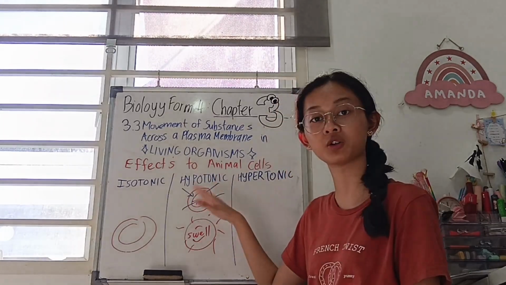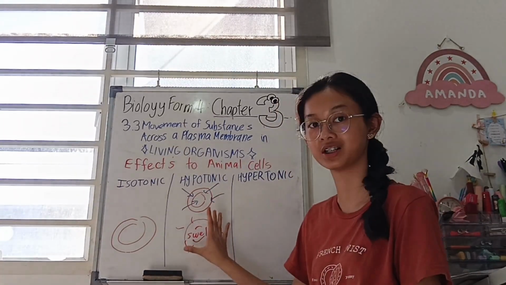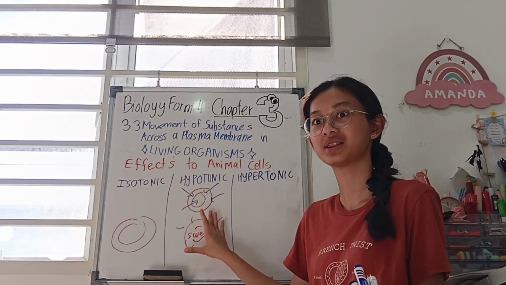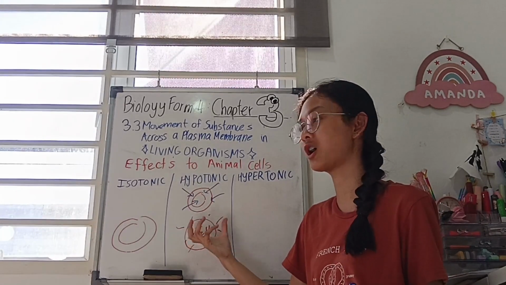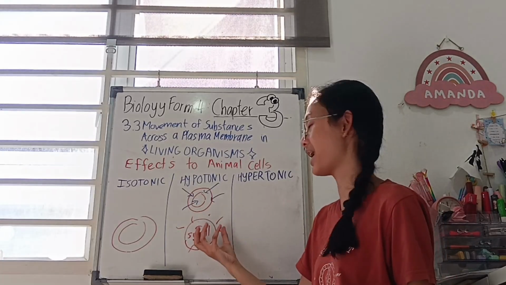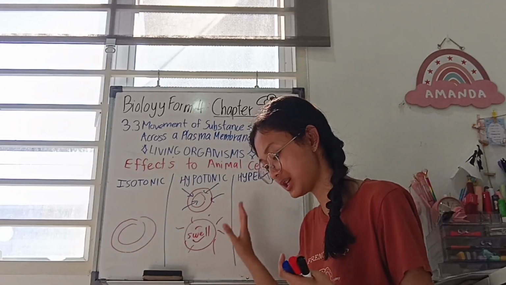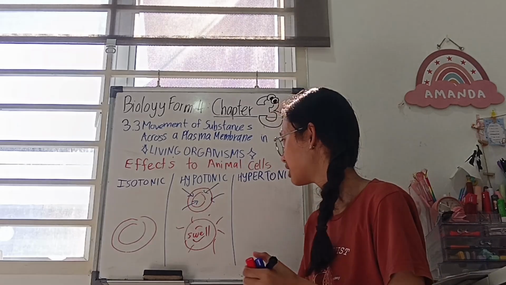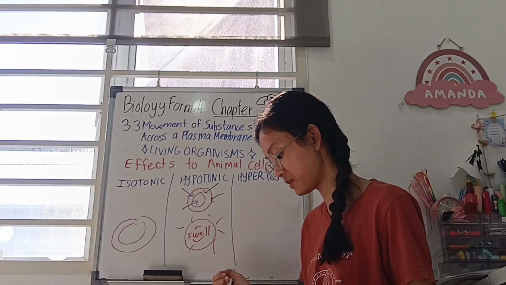So if a lot of water goes in, the pressure will be higher, but the plasma membrane isn't strong enough and it's thin, so it will cause the cell to swell and burst. The bursting of a red blood cell is known as hemolysis.